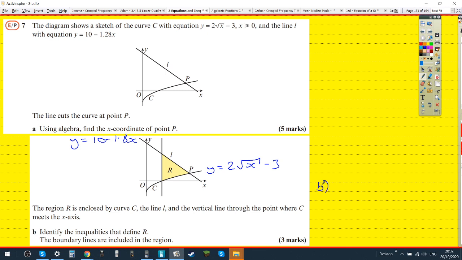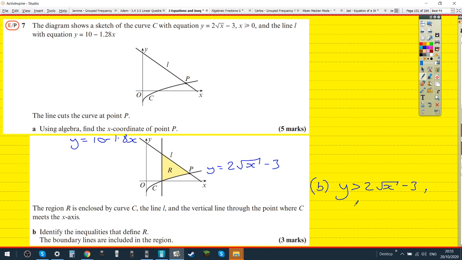So each point where it intersects is an inequality, so there'd be 3, right? Yeah, 3 inequalities, 3 lines. Okay. So it would be y is greater than 2 root x minus 3. I believe the region is above that line. What else could you say?